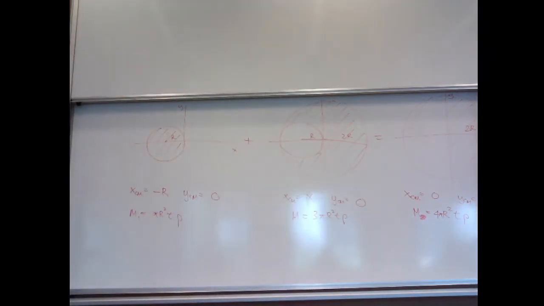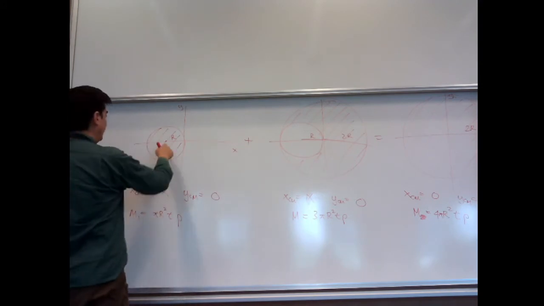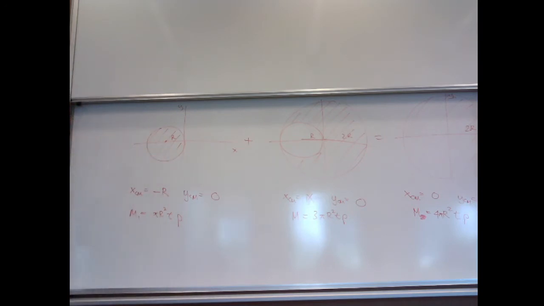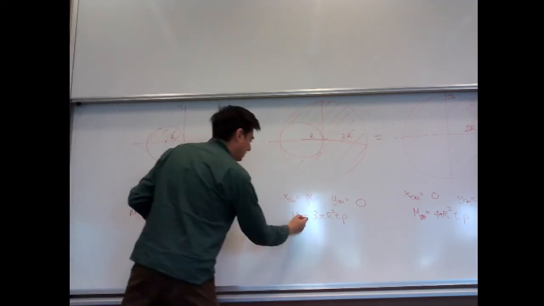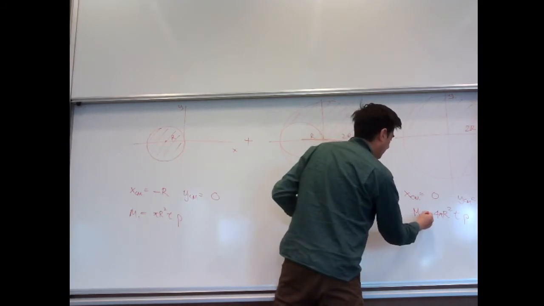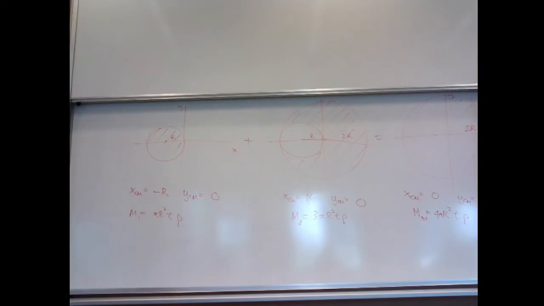Now basically what we're going to do is, instead of considering these things as shapes, you can just consider them to be point masses which are located at the center of each, right? So let's call that 2, and call that total 1. Okay.